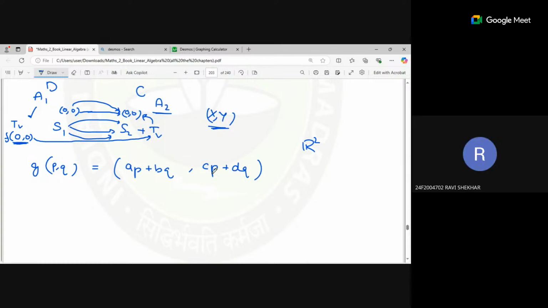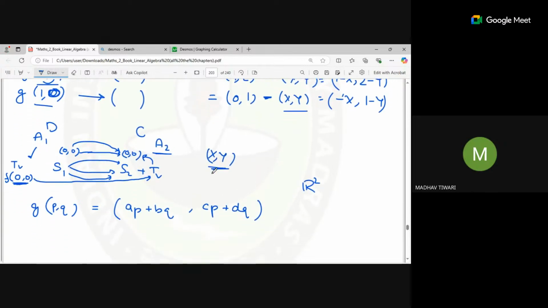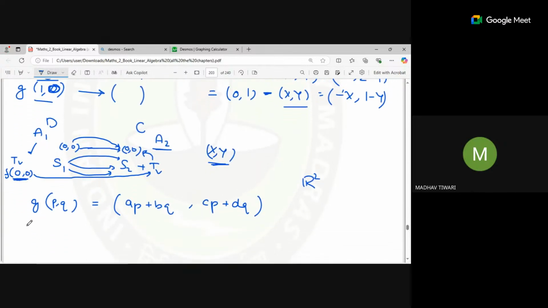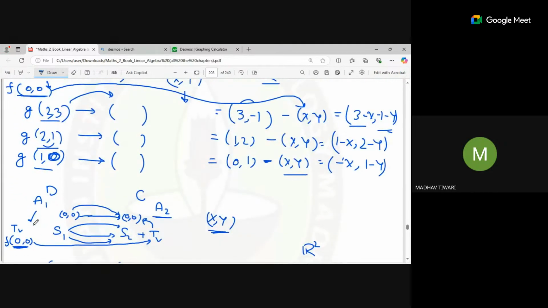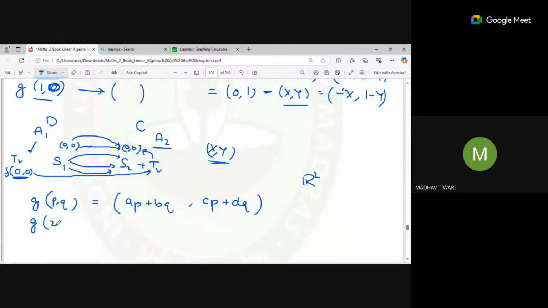Yes, sir. So now let's write down our above parts that are given here. g of 2 comma 3 is given here. So in place of p and q, I will put these values. It should look like 2a plus 3b, and here it should be 2c plus 3d, right?